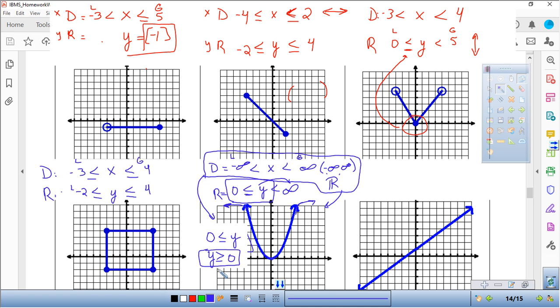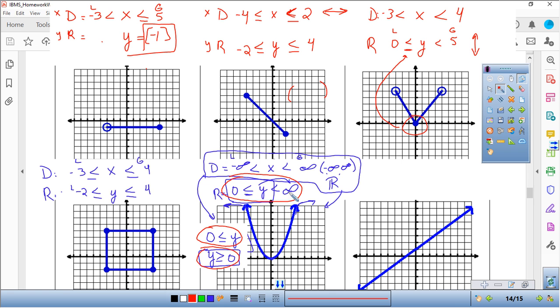We always like to go with the y's or x's, the variables first, and then give you the other information. This is an acceptable answer. This is an acceptable answer. This is an acceptable answer. They all mean the same thing. If you think about it for real, y is between 0 and infinity, right?